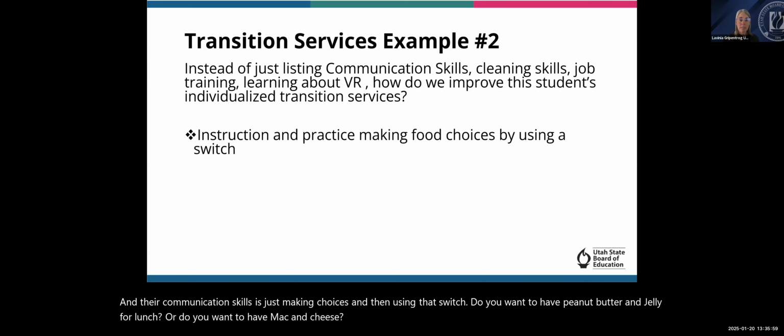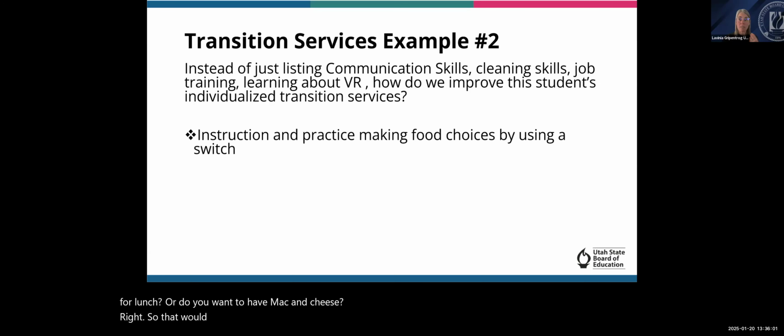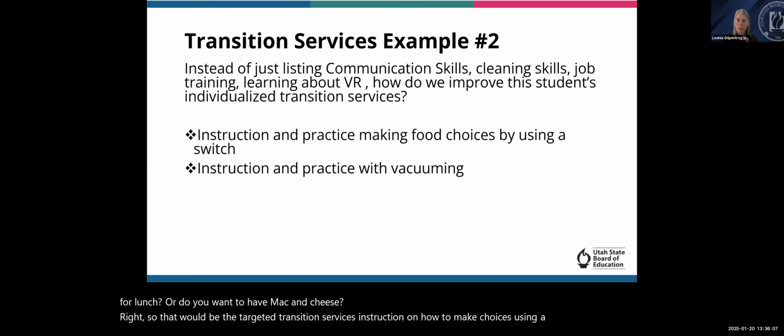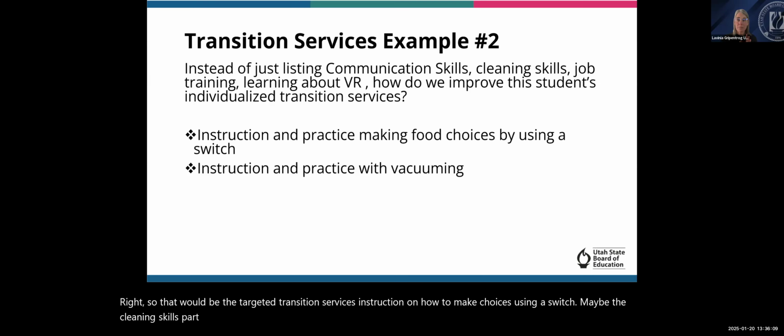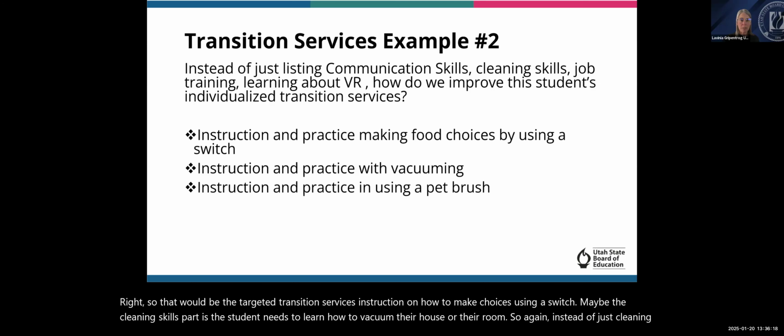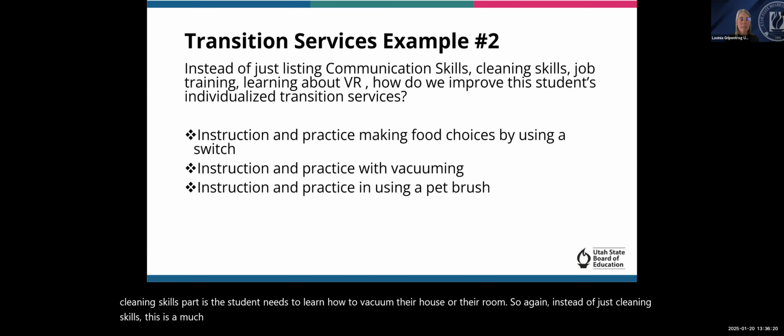So that would be the targeted transition service: instruction on how to make choices using a switch. Maybe the cleaning skills part is the student needs to learn how to vacuum their house or their room. So again, instead of just cleaning skills, this is a much more targeted transition service. And then in terms of job skills, it says job training.